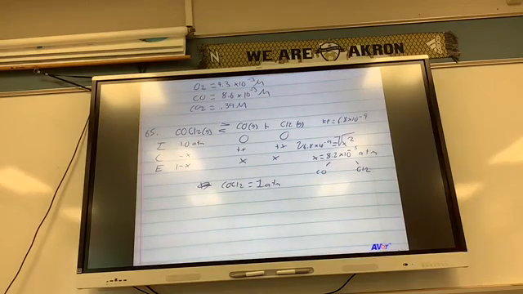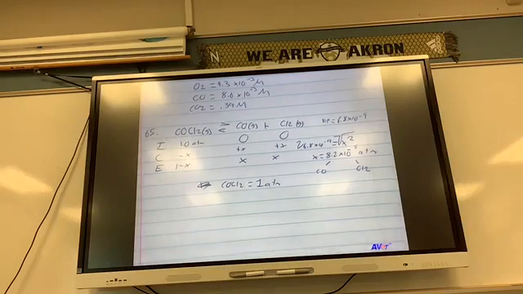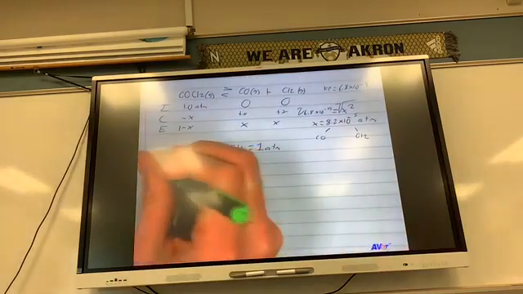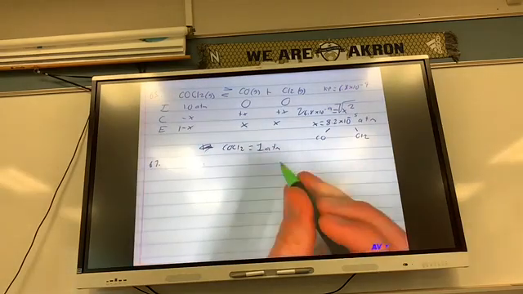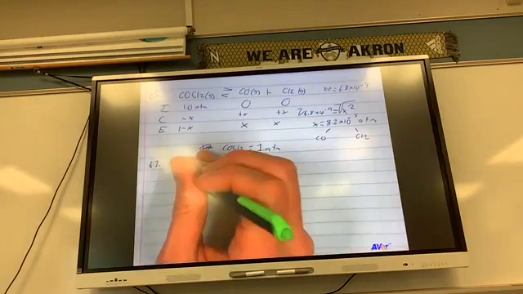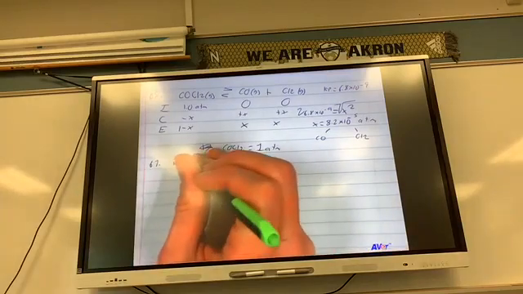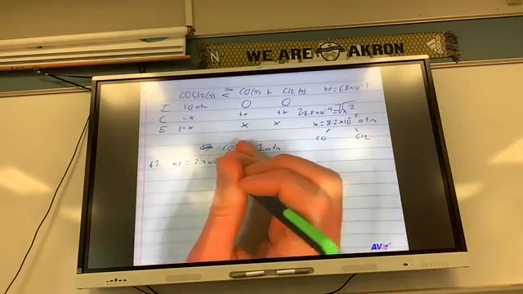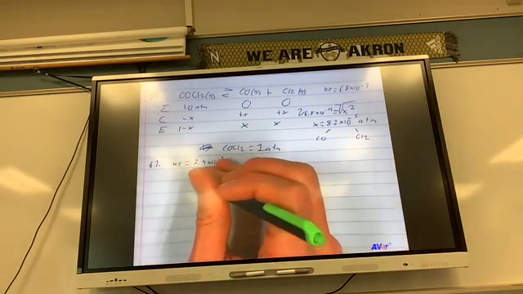Next one is 67. Ooh, 67 is kind of fun. I think I can fit it here. On 67, they give me a Kp, which is equal to 2.9 times 10 to the negative third, and they give me an equation.